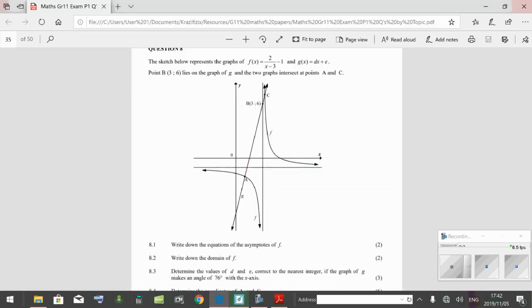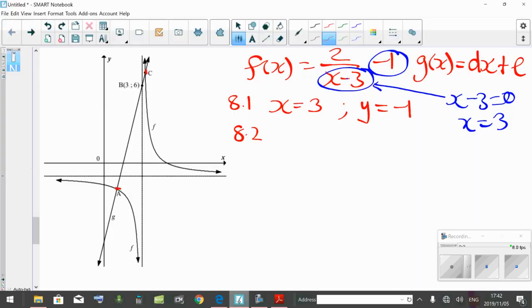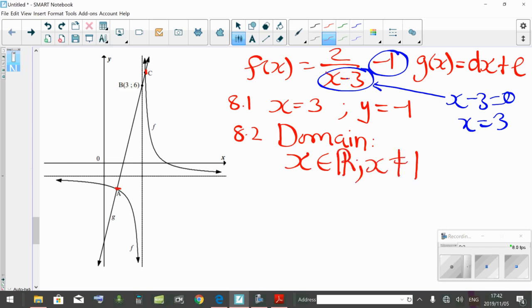Write down the domain of f. Now you may scroll back, but remember that domain refers to x values, and we said for a hyperbola, your domain is x element of R, and x is not equal to p.